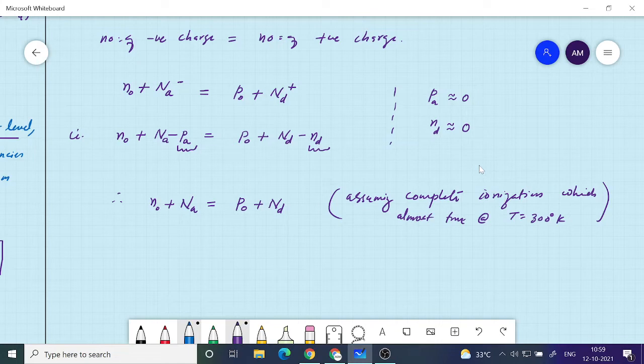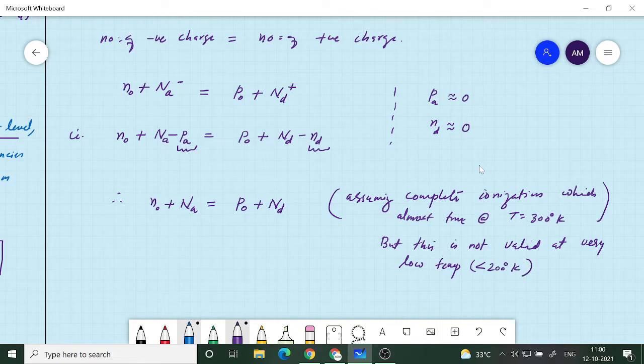This is not valid at very low temperature, and usually very low means less than 200 degrees Kelvin.